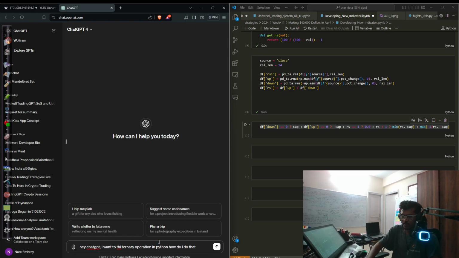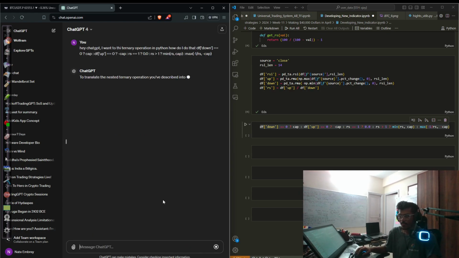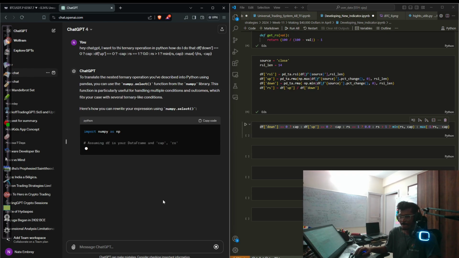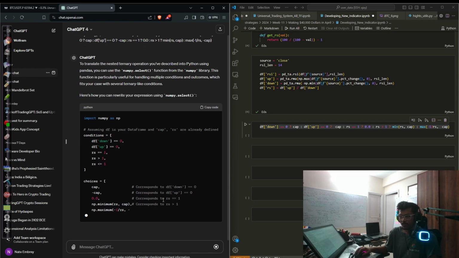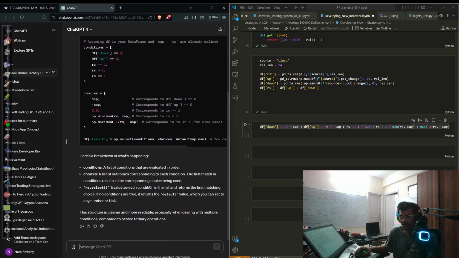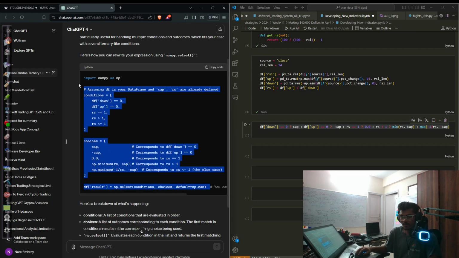Here is that. You can do it using the numpy select function from the numpy library. This function is particularly useful for handling multiple conditions and outcomes, which fits your case with several ternary-like conditions. Cool, it's really cool, man.